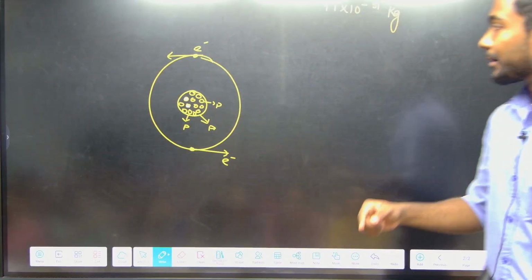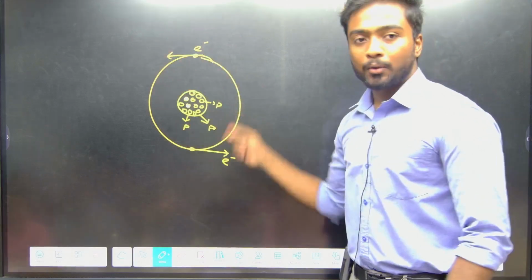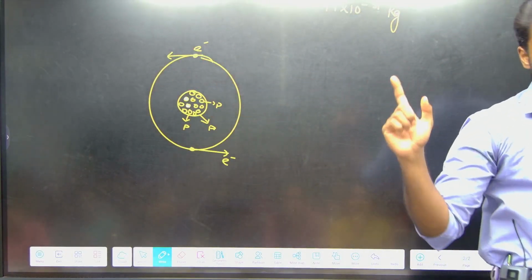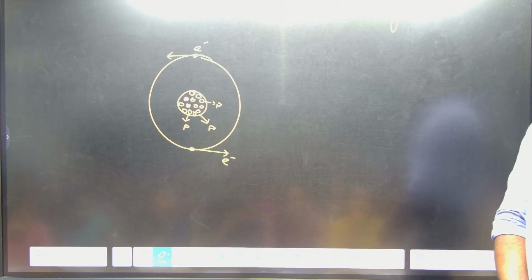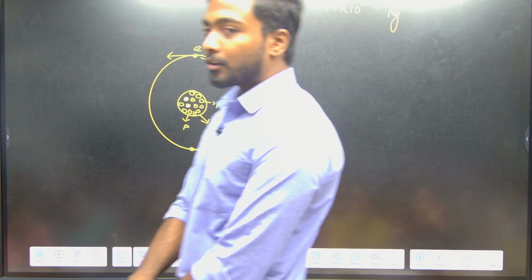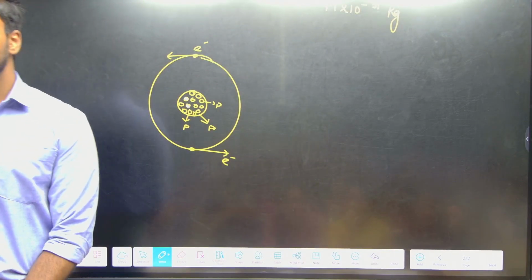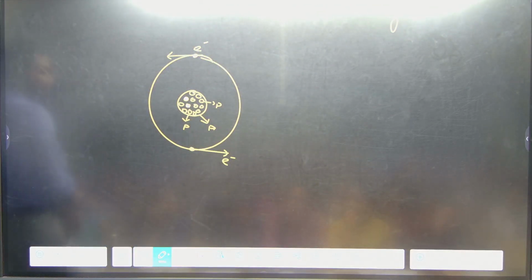Due to the repulsion, the electrons are revolving in the orbit. Okay. So by this diagram, can you understand why these protons are closely packed? Protons means positively charged, no. Can I pack the two north pole or two south pole together? Then how it is possible?